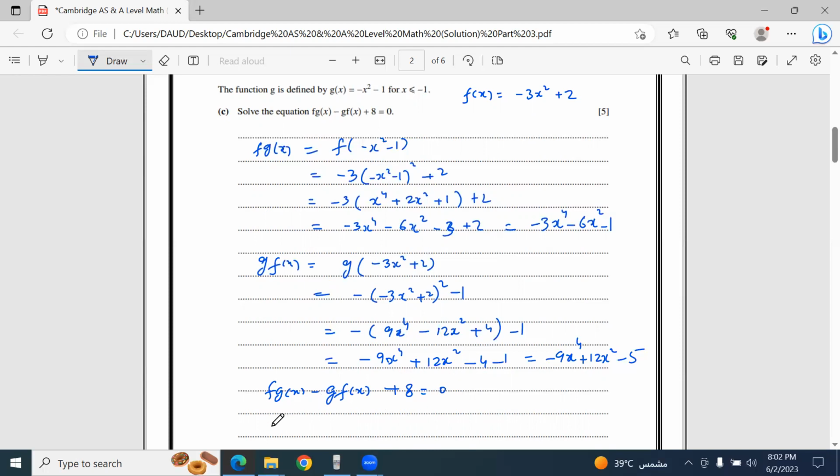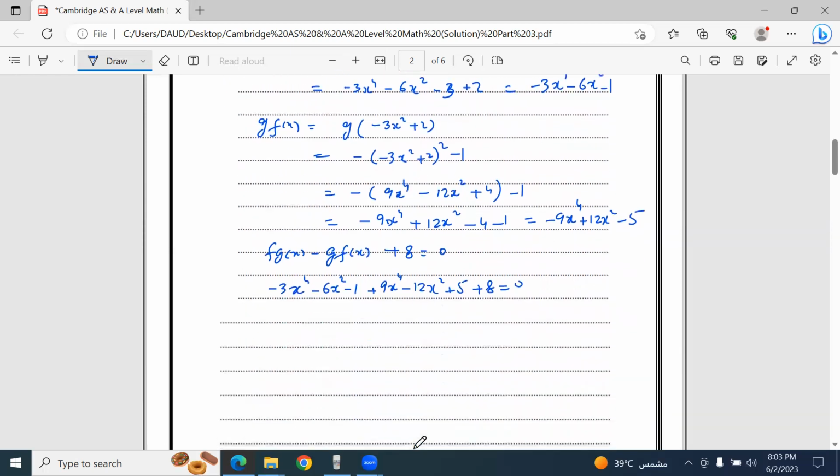So f g of x we found is minus 3x power 4 minus 6x power 2 minus 1, and minus g f of x, I will multiply by minus also, so it would be plus 9x power 4 minus 12x power 2 plus 5, and plus 8 equals 0. If we try to simplify, it would be a quadratic equation or more than this. So let's have a look. 9 minus 3 gives us 6x power 4.